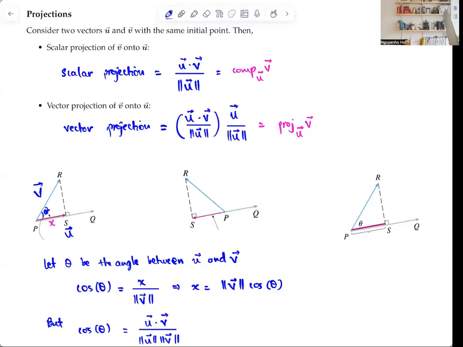It's just like the sun. It casts a shadow on the ground. Similarly, the projection of v onto u gives you a shadow. That shadow is a vector, and you can take a measuring tape and measure the length of that shadow. The length of the shadow is called the scalar projection.